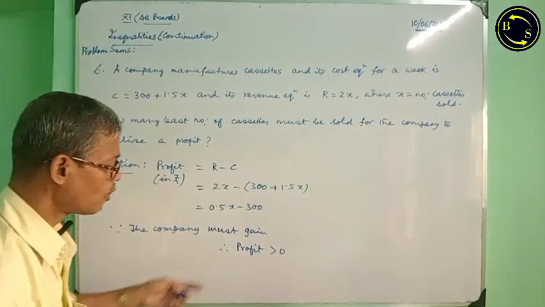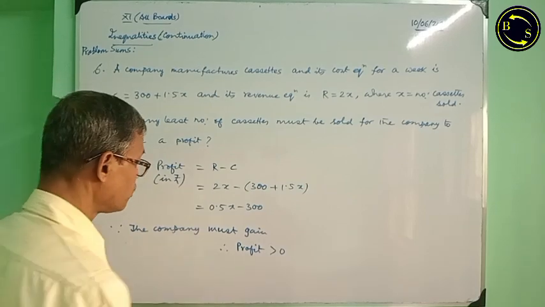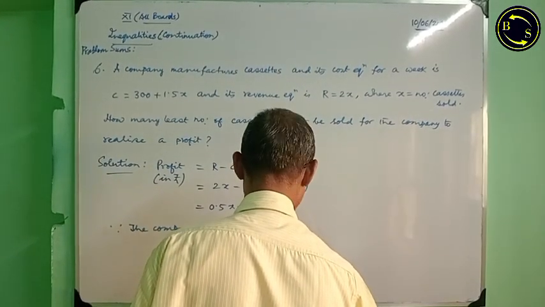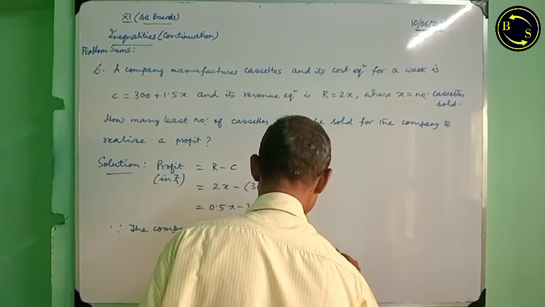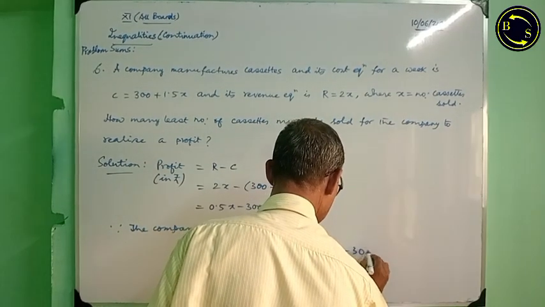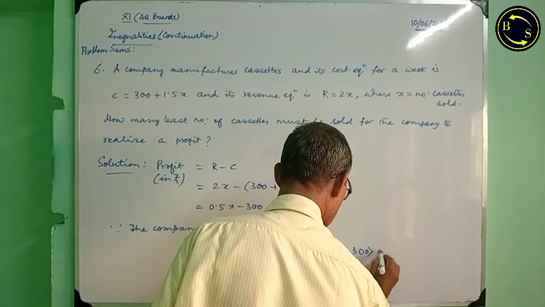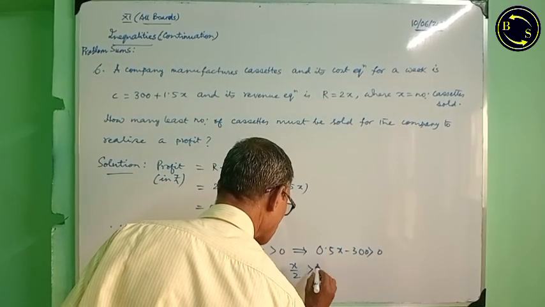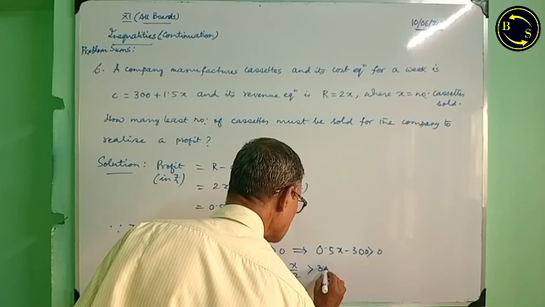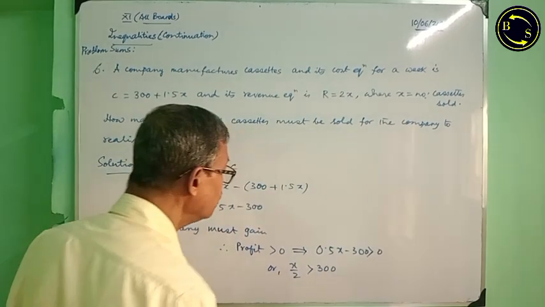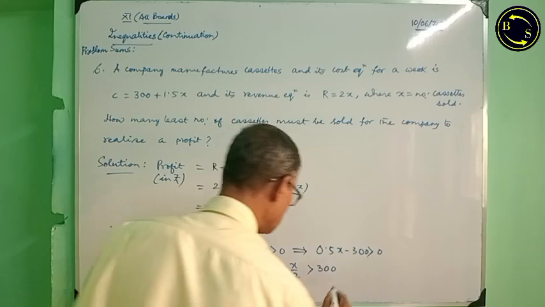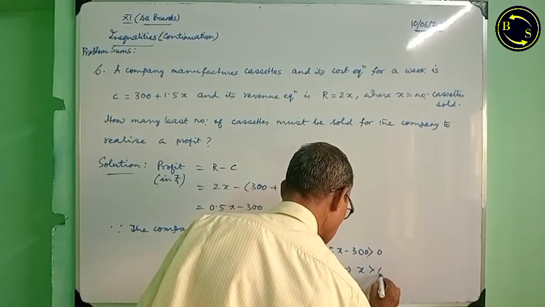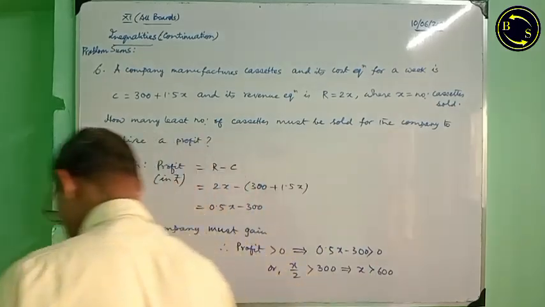For gain purpose, profit must be positive. Using that concept, 0.5x minus 300 greater than 0, or x by 2 greater than 300, from that x greater than 600.